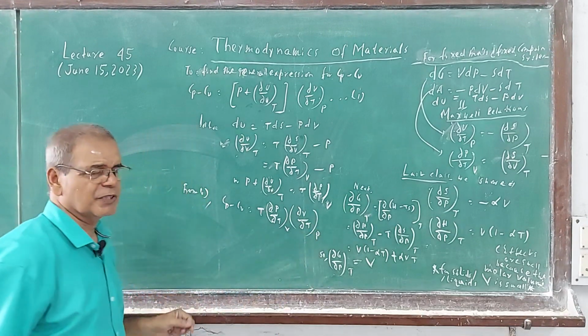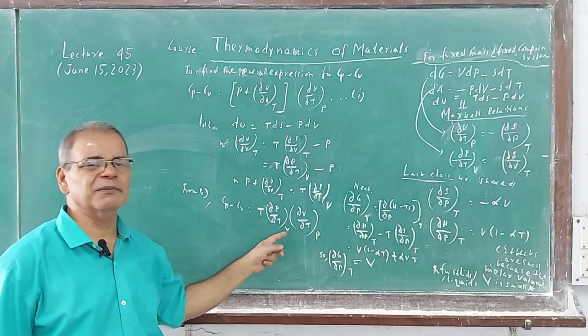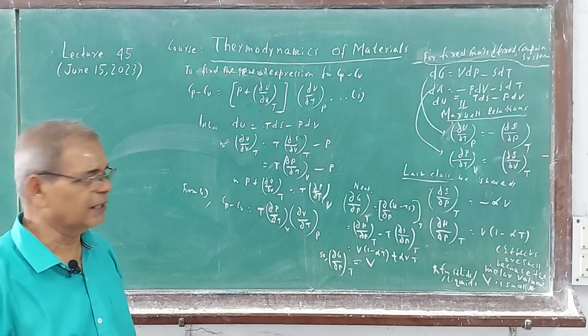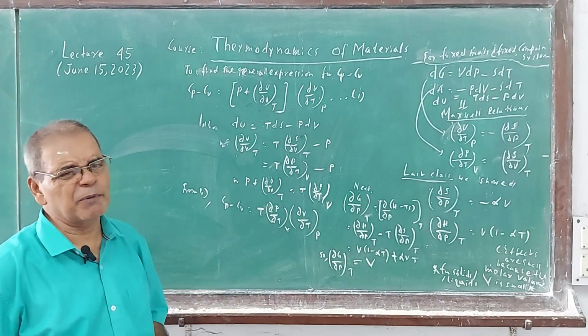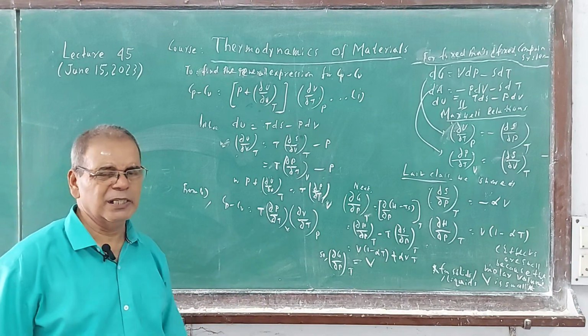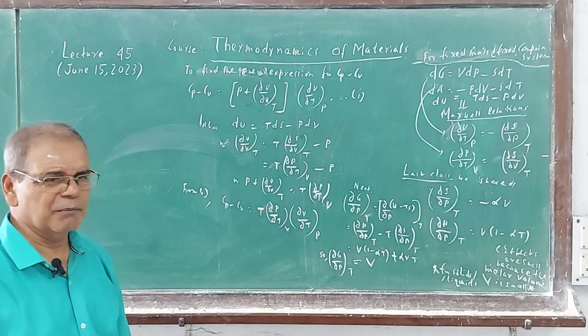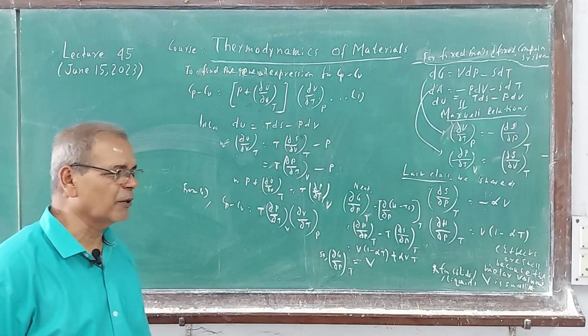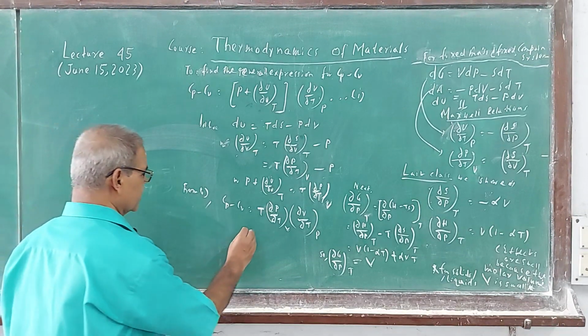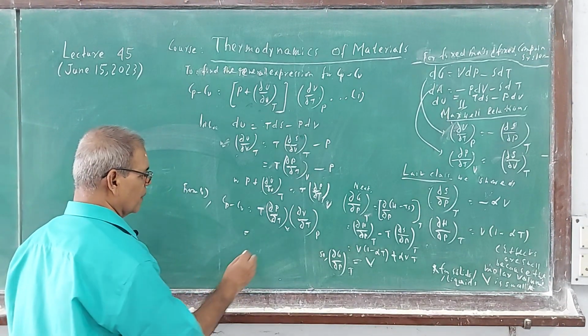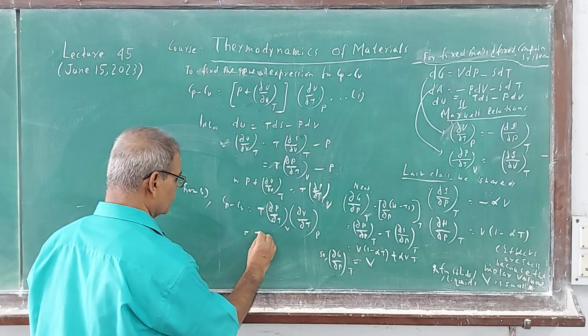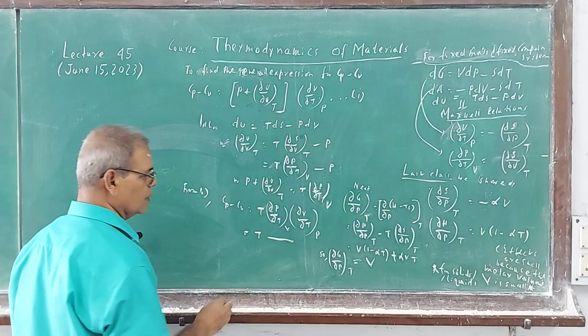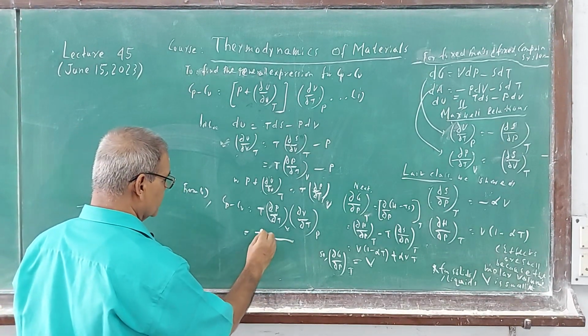Now you see, this is a measurable thing. This is expansivity, with physical significance. Del P del T, how pressure changes with temperature at constant volume, we will recast in practical or convenient forms. I am writing it in some form, then I will explain it.